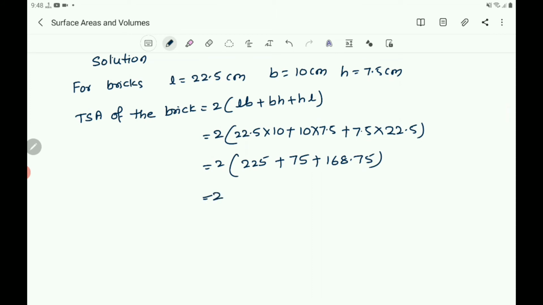Now you write 2 into the sum of all these.